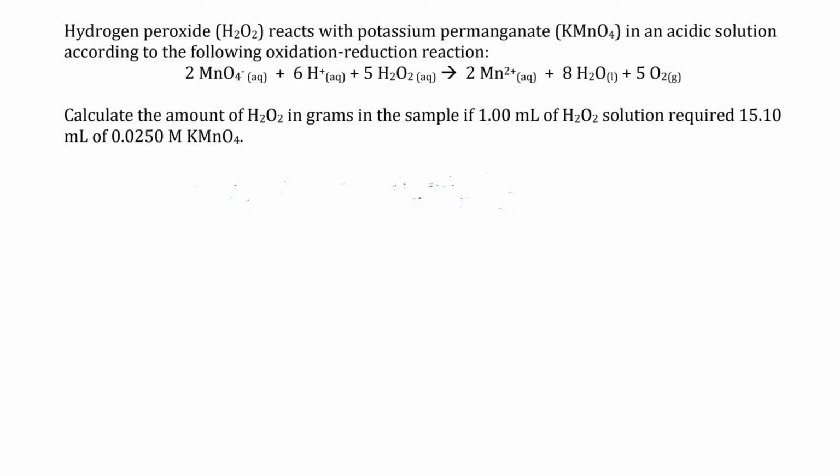So reading this: calculate the amount of H2O2 in grams in the sample if 1 mL of H2O2 solution required 15.10 mLs of 0.0250 molar KMnO4. So what do we know? We know that 15.10 mLs of 0.0250 molar KMnO4 solution is used to react completely with 1 mL of hydrogen peroxide.